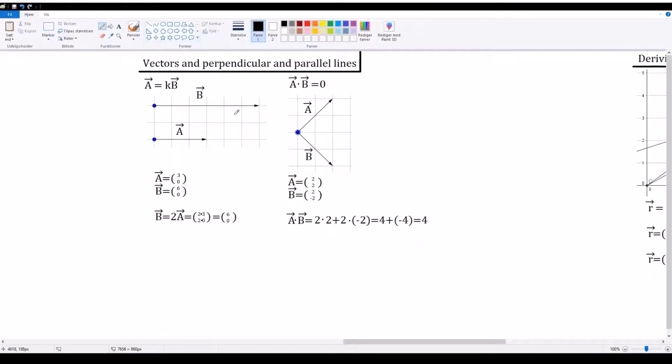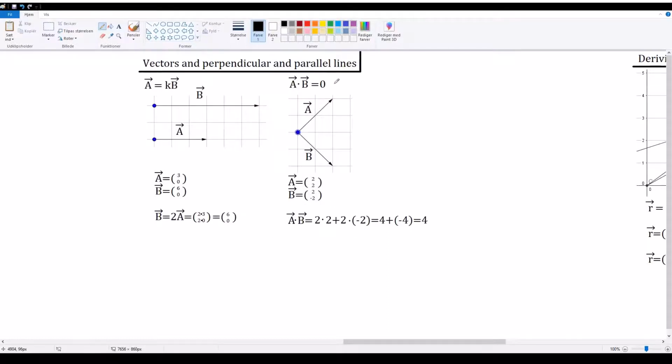Next we have vectors and perpendicular and parallel lines. This is quite simple. If a vector is parallel to a line, it can be expressed as one vector. If you have two parallel vectors, one can always be expressed as the other with a scalar multiplied to it.